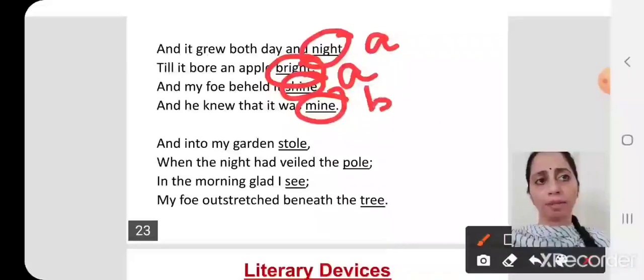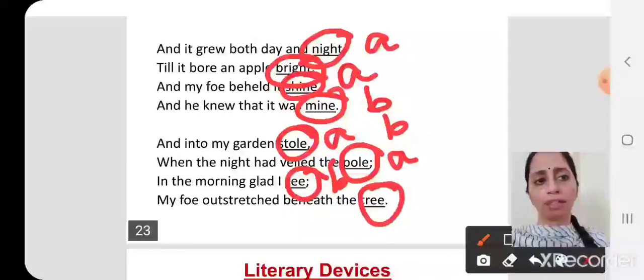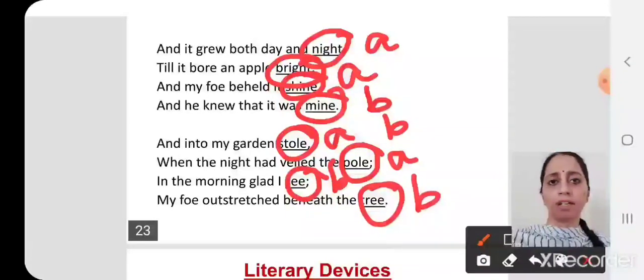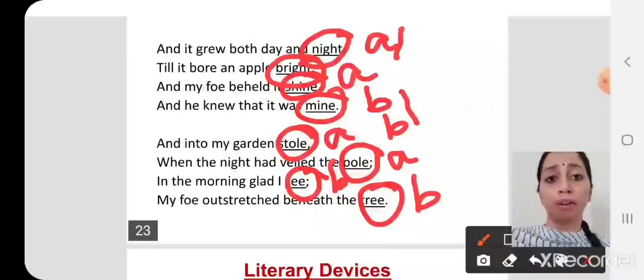It is B. Stole is A. Pole is again A. Veil is B. And tree is B. So what's the rhyme scheme of the entire poem? It is A, B. And if you see, it's rhyming couplets. We have A together, B together, used in all the four stanzas. Students, please jot it down.